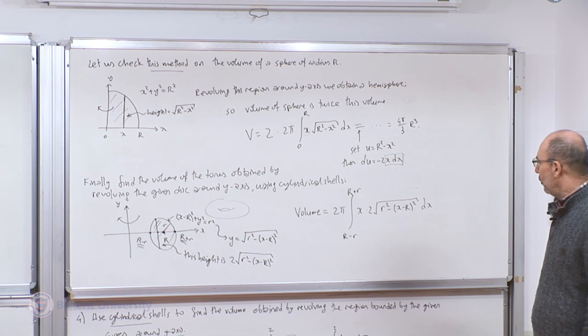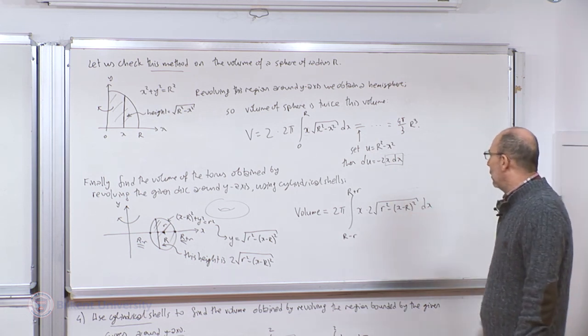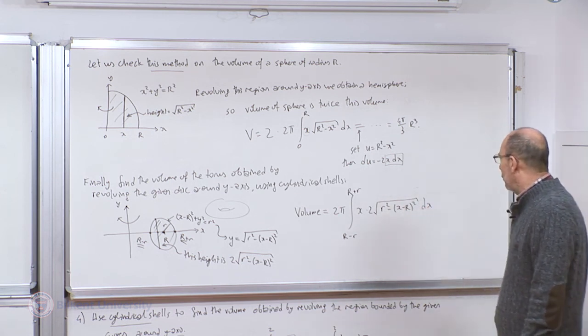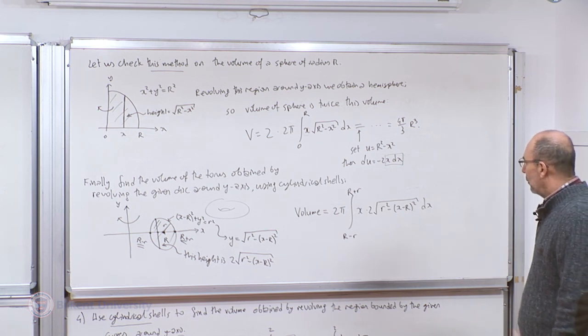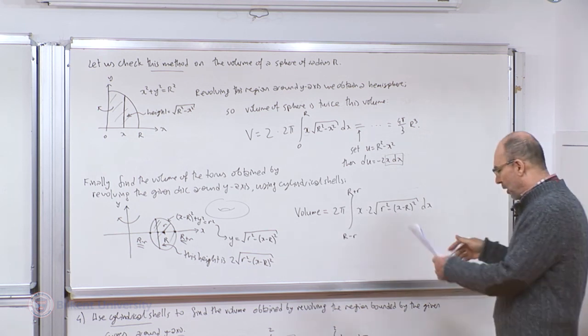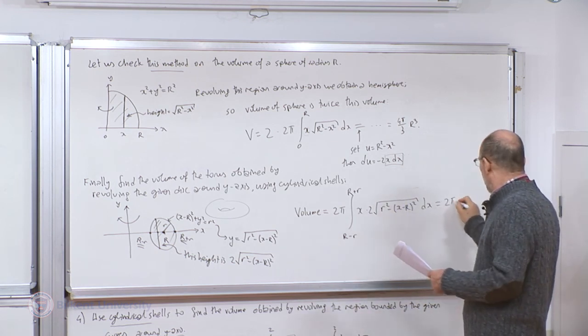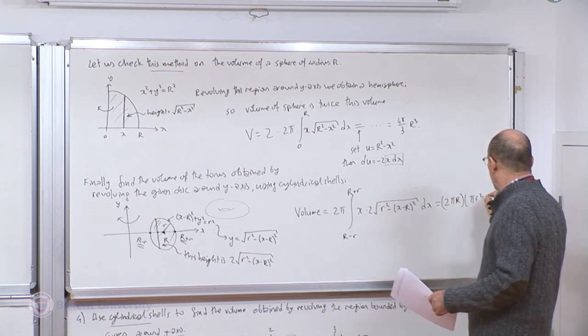Okay, so if you want, you can do the substitution from the beginning. You can call this whole thing u squared, this whole thing x minus R, u. Well, that will be a little bit more complicated. So do it step by step, and you will get at the end 2 pi R times pi r squared.